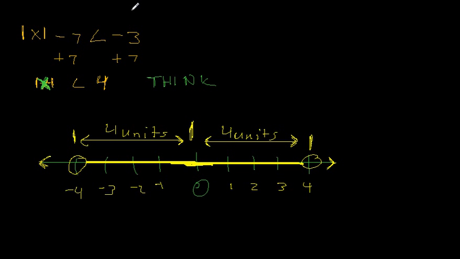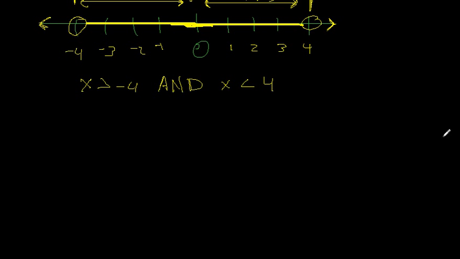From here I can write out the inequality pretty simply: x is greater than negative 4, and x is less than positive 4. I'm going to combine both inequalities to make a compound inequality. Flipping again, I have negative 4 less than x and x less than 4.